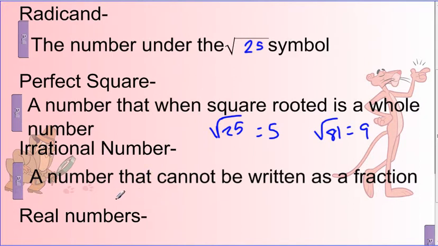First off, if it is a fraction, it's rational. So these numbers that cannot be written as fractions, meaning they are decimals that don't stop and don't repeat.